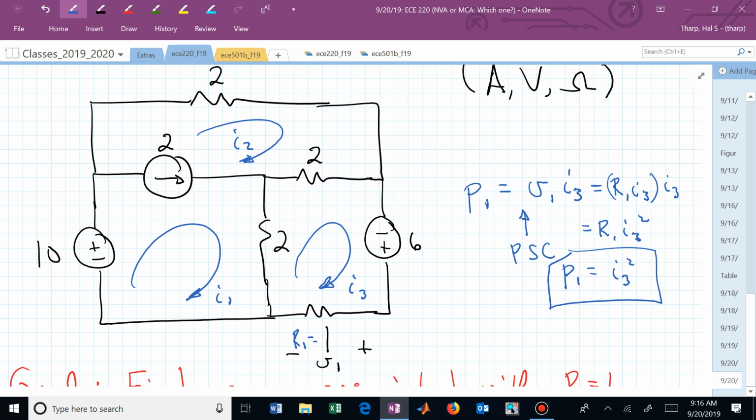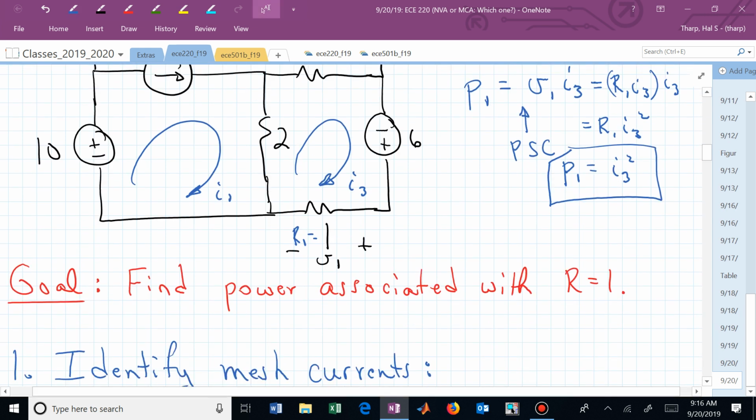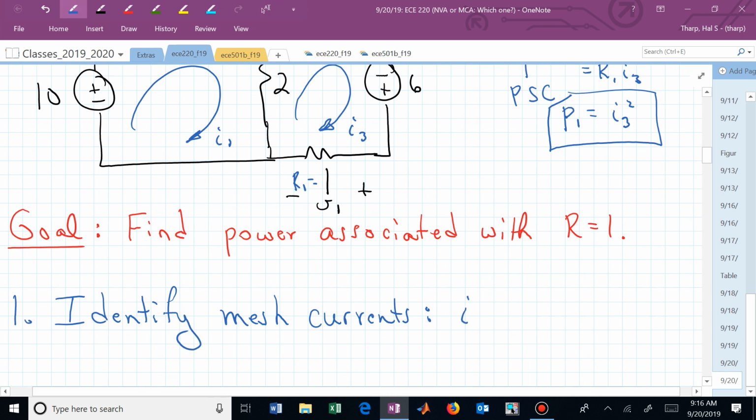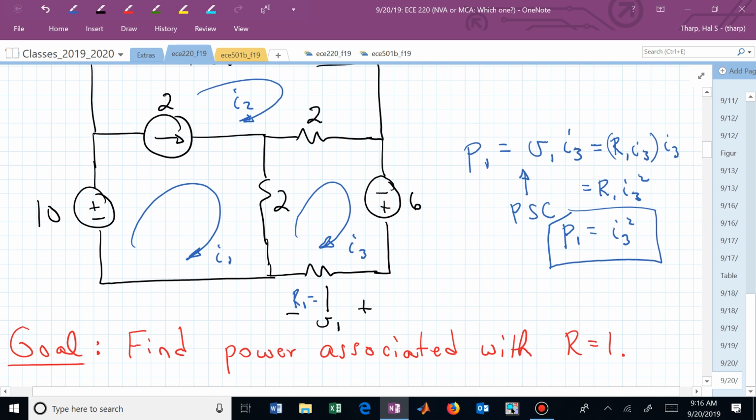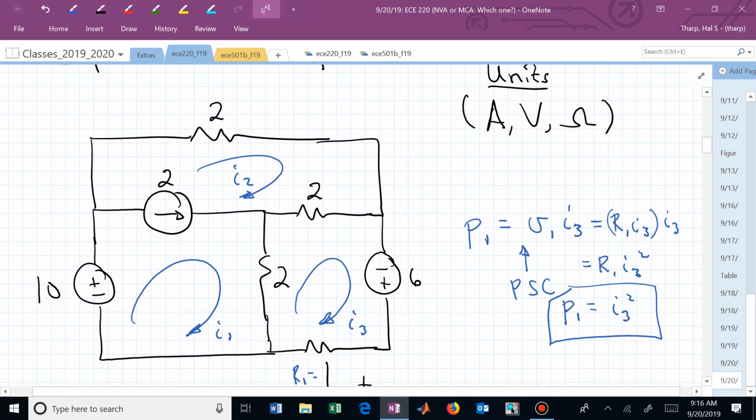We okay with that? That means that we need to find I sub 3, and we've already identified in our step 1 the mesh currents. We've identified I1, I2, and I3. And now we need to start thinking about writing mesh equations.